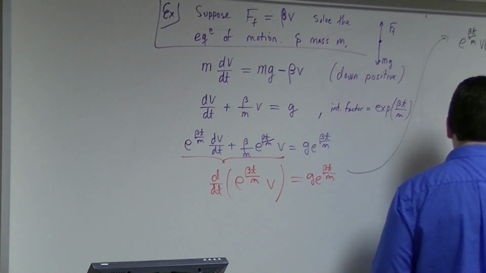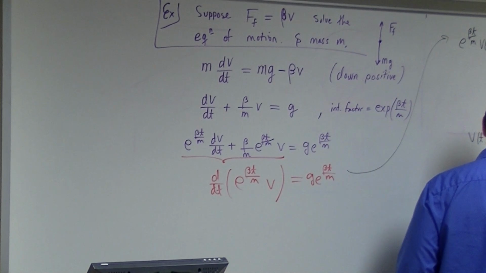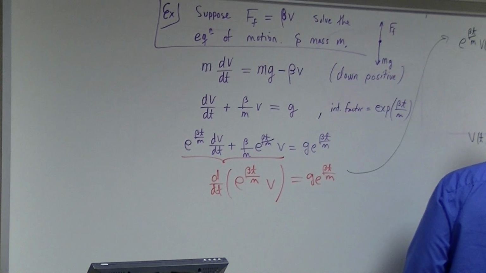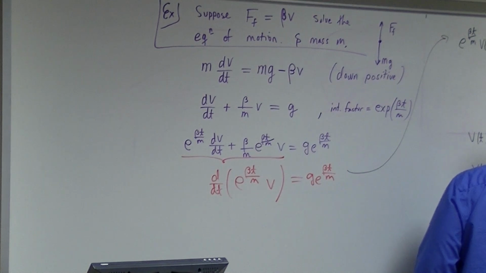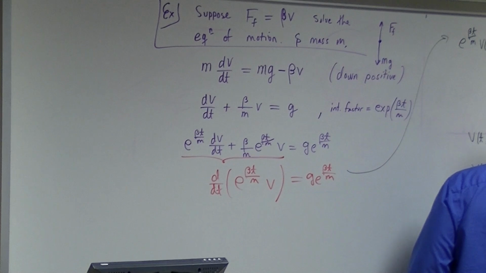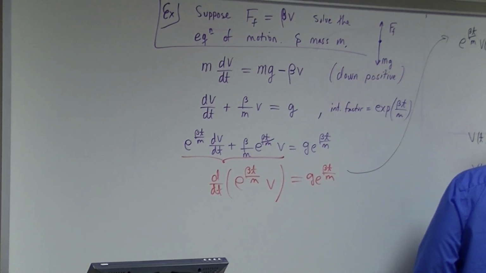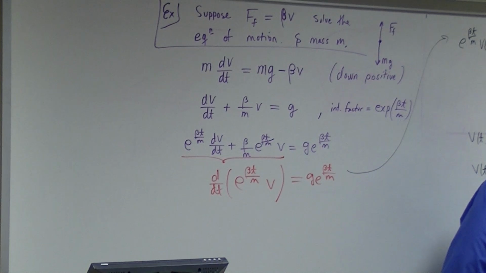That's what I get finally. Pretty nice formula. I get v naught e to the minus beta t over m plus, and then in parentheses, mg over beta minus mg over beta e to the minus beta t over m. There you go.